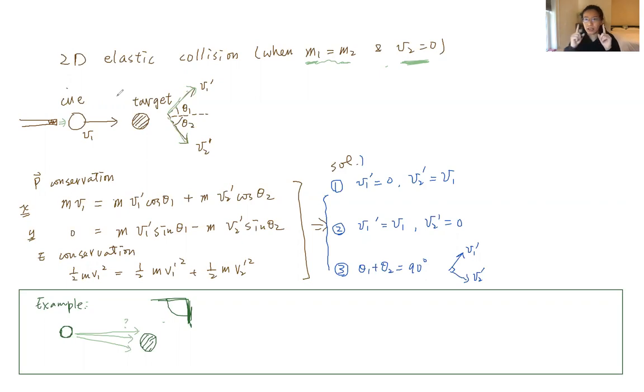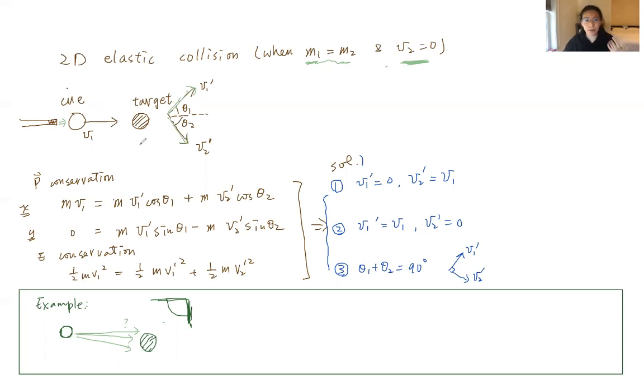This type of collision, with billiard balls, is created in a very perfect way. The shape is perfectly spherical, and it's very hard, so there's nothing sticky or rough at the surface. So this is a nearly perfect elastic collision.